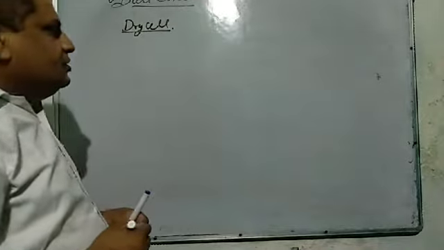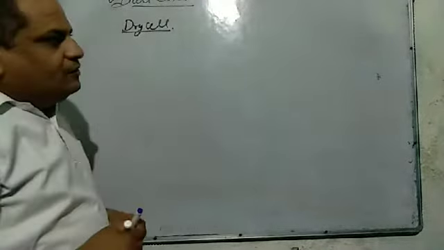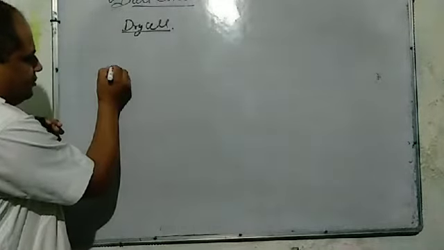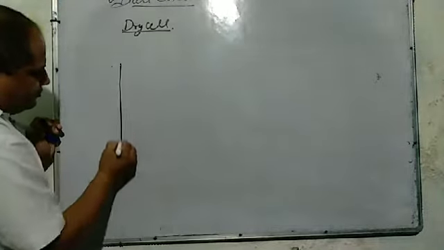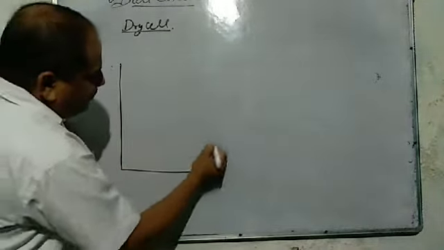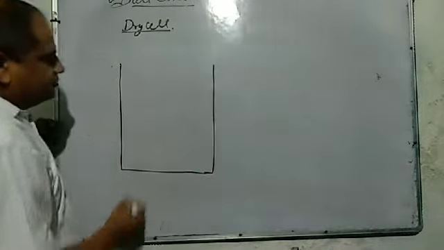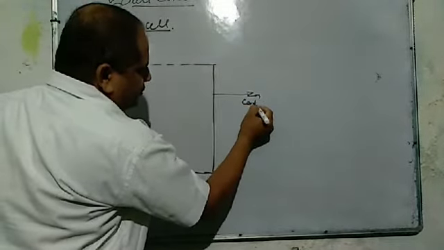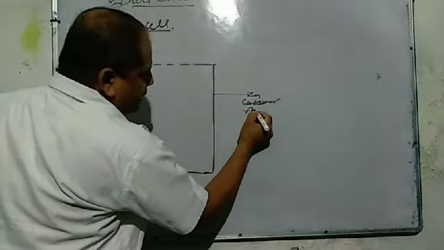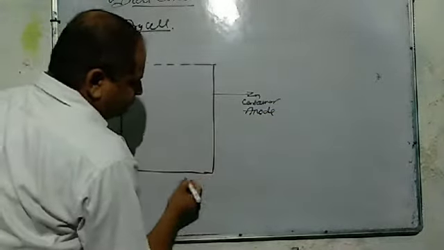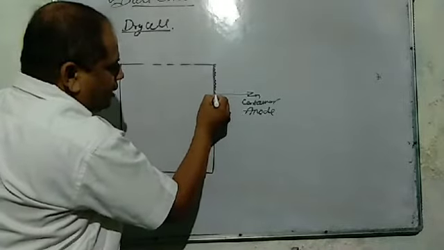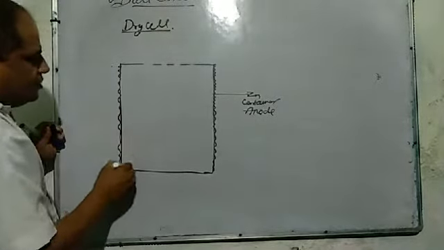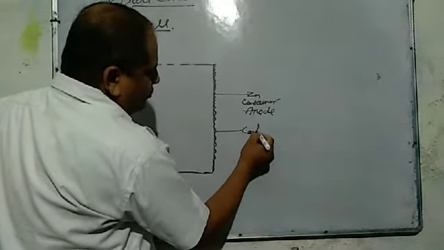Dry cell is a compact form of Leclanche cell. In dry cell, there is a container made up of zinc metal, which acts as anode, and has an outer insulation of cardboard.